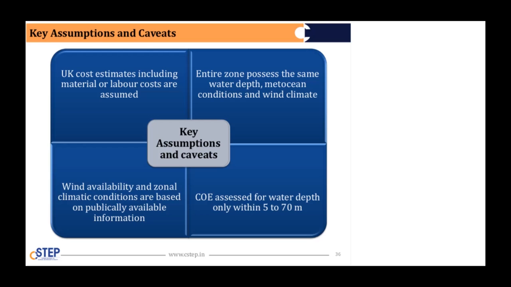This wasn't valid site-specific information, for instance, that could have been collected from LiDAR equipment or an accurate met mast. The fourth is that the cost of energy assets is for water depth only within 5 to 70 meters. We could have explored further deeper territories.